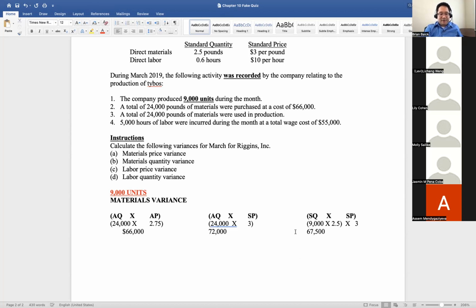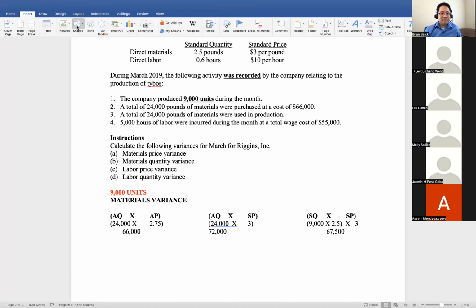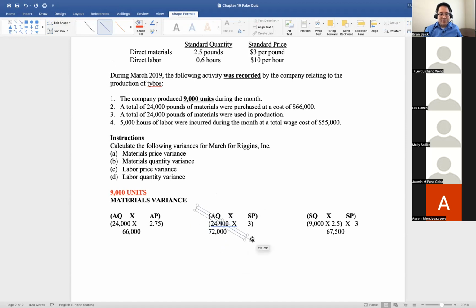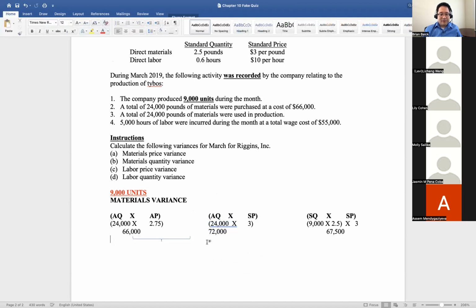Good. All right, then comes my favorite part. The first number and the middle number, we're going to figure out the variance here. And then we'll figure out the variance between the second number and the third number.